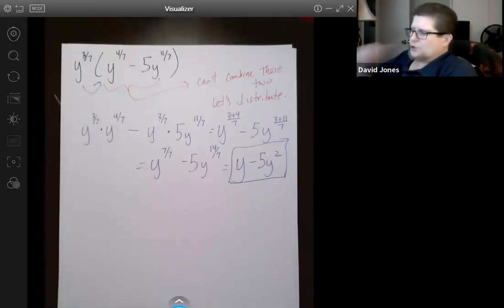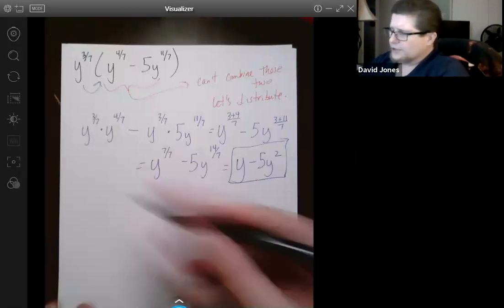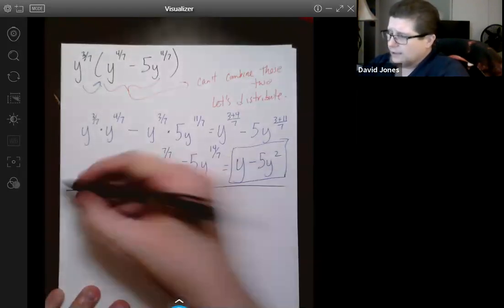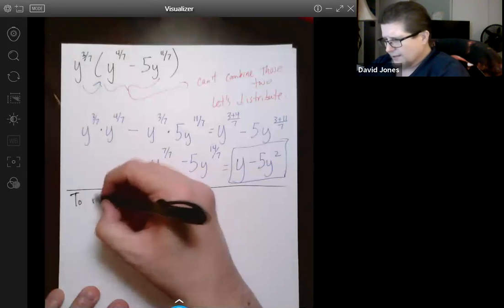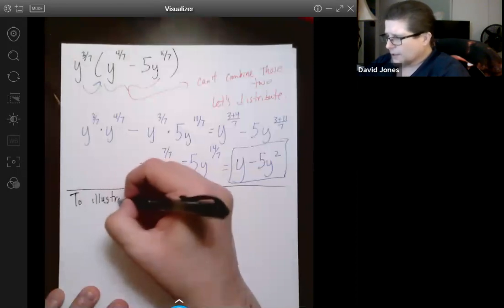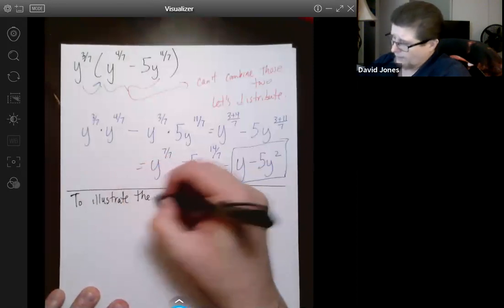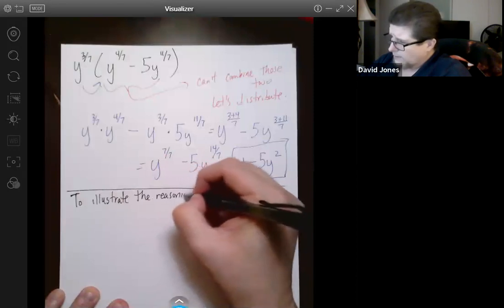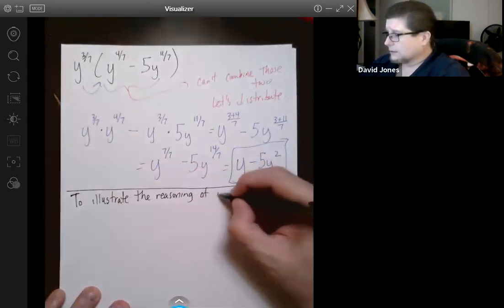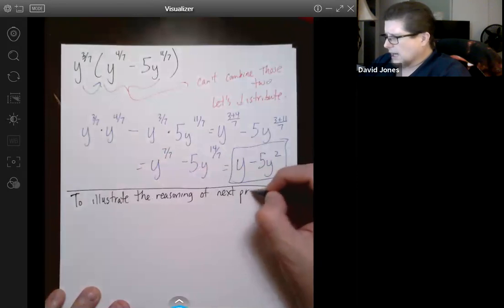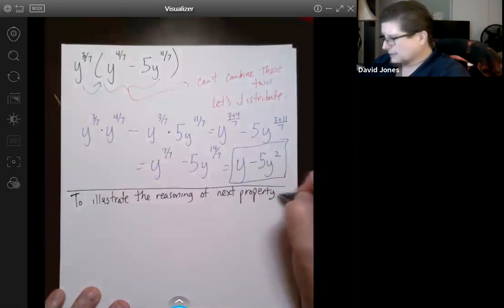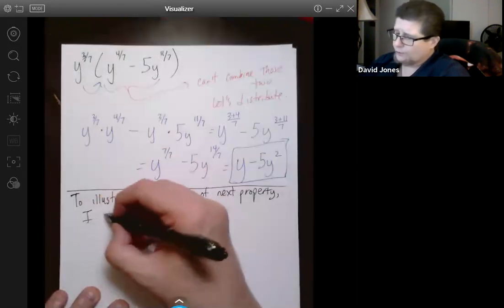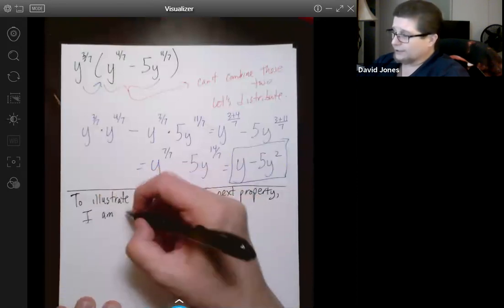Now, to illustrate the next property, I'm going to illustrate the reasoning of the next property. I'm going to go back and re-show greatest common factor.